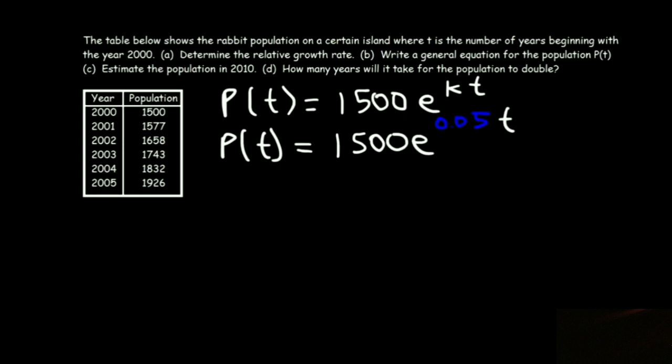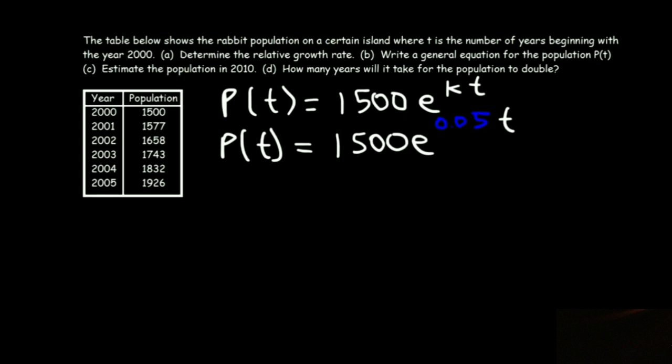So that's the answer to part B. This is the general equation that will give you the population P(t) at any time. The answer to part A is that the relative growth rate is the value of k, which is 0.05. So basically, the population increases by 5% every year, compounding continuously. This formula is the general form of the compound interest type problems.